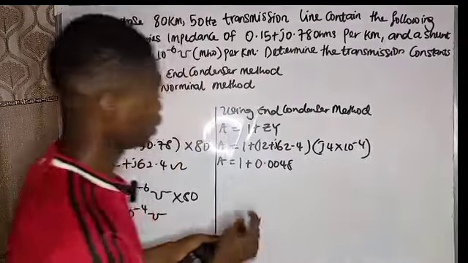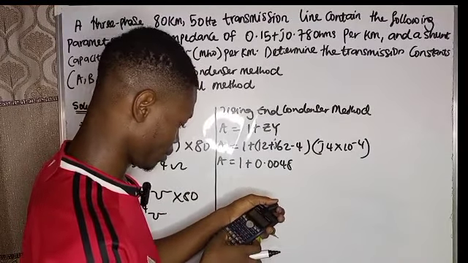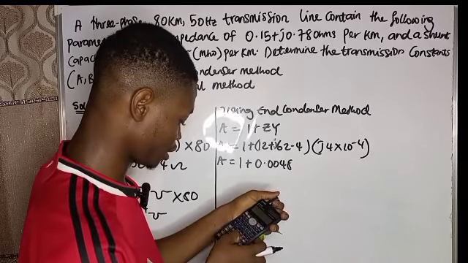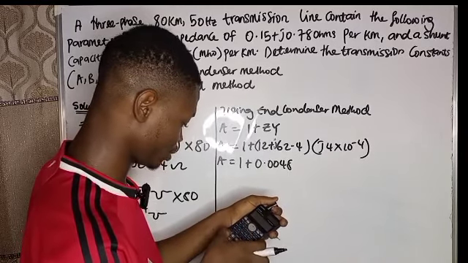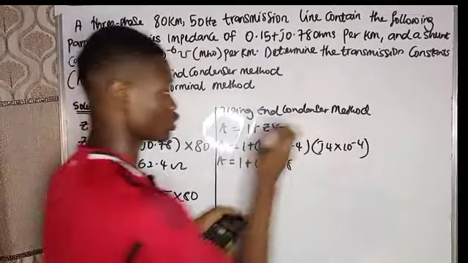J. So this one multiplying this will give me what? 62.4 times 4 times 10 raised to the power of minus 4 will give me... Remember that J times J is what? J squared.